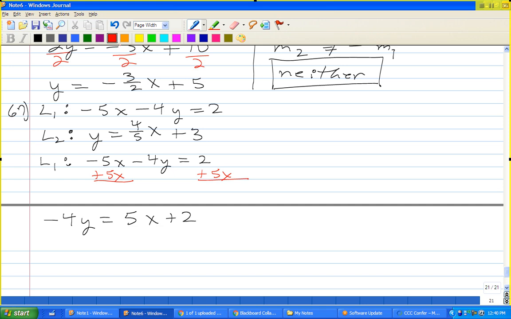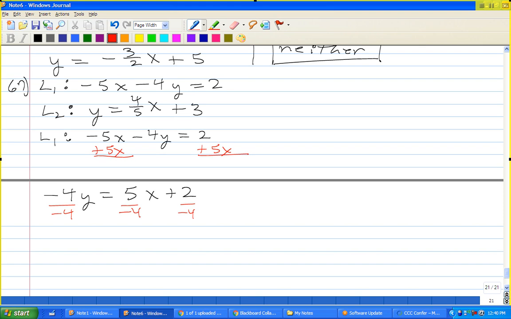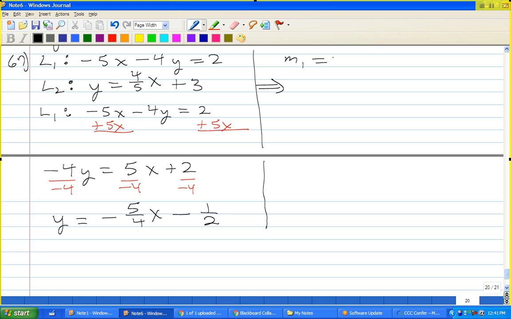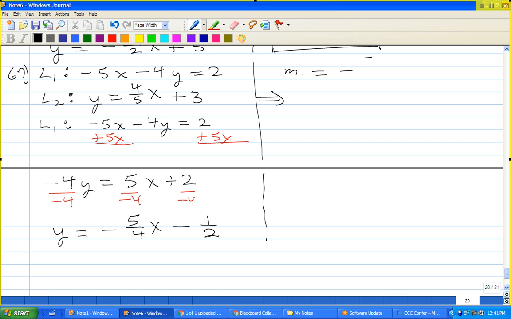Let me divide every term here by negative 4. So I get that y is equal to a negative 5/4 x minus 1/2. And so the slope of the first line is negative 5/4.